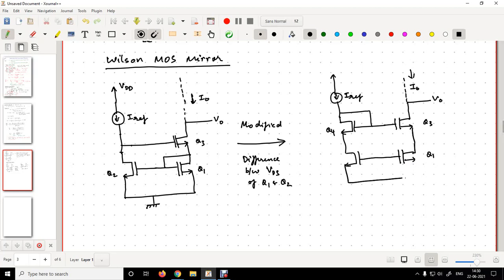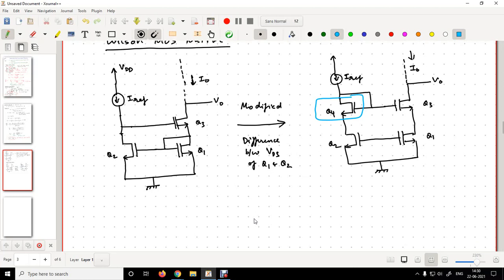This is ground. This is Q2. So here you are adding this to nullify the current offsets developed due to the difference of VDS for Q1 and Q2.